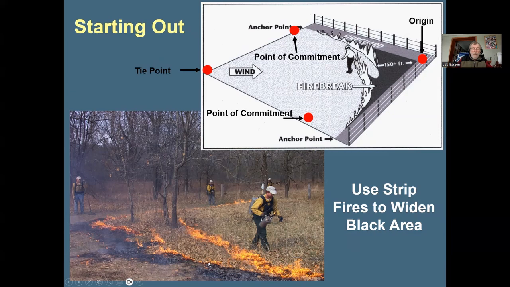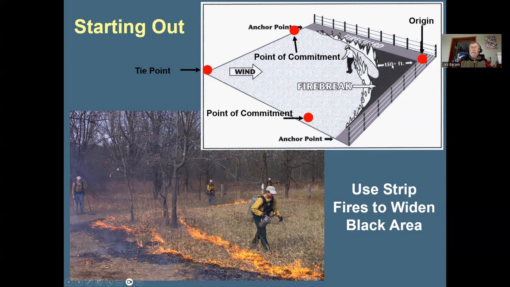So this is the head fire, this is the backing fire, and it's tied from the point of fire here all the way to the point of fire here. So this area will become black, and that creates this blackened triangle, which makes this a much safer area, because it's much more difficult for fire to go over this distance.